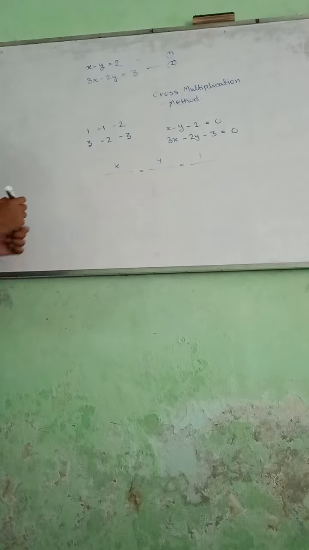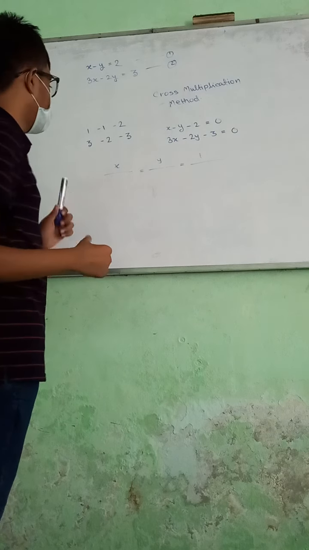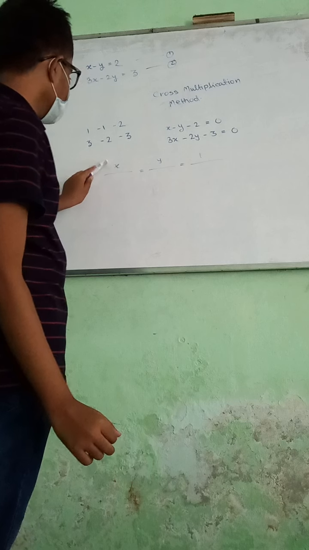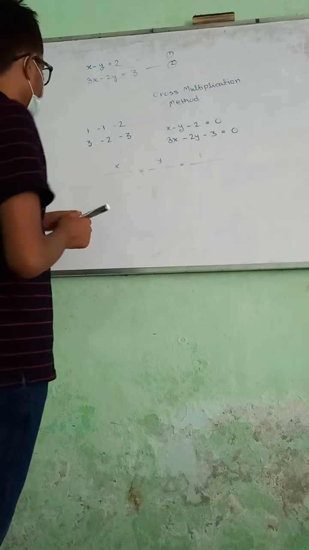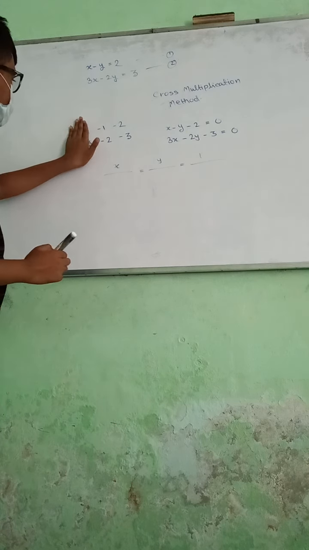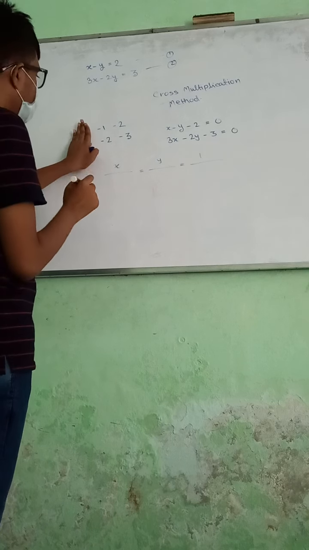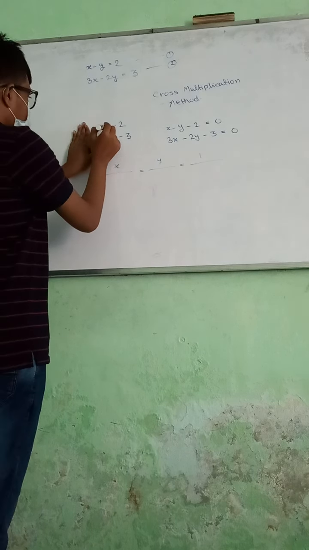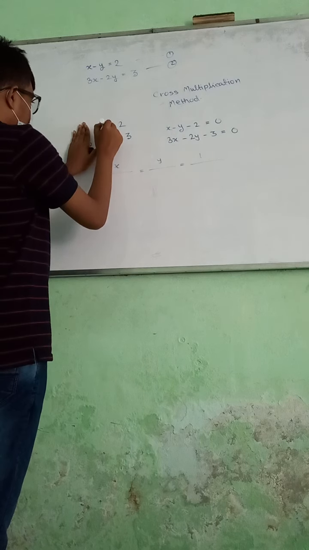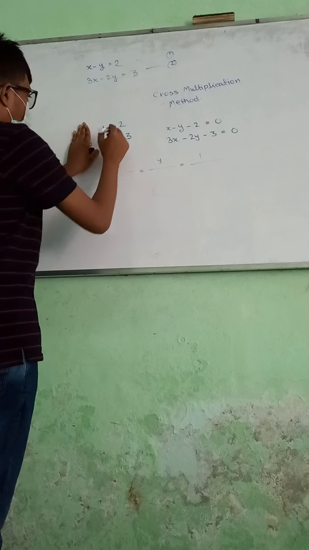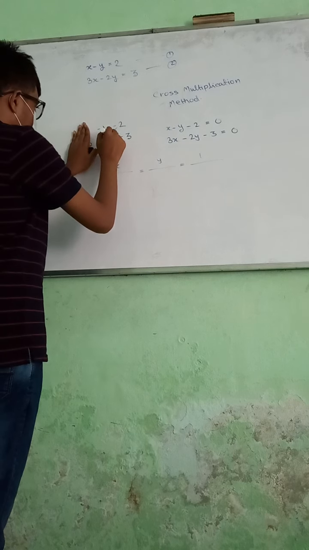So see, now we have to cross multiply. When we do the x portion, we have to cover up the x portion completely. So I cover up the x portion and multiply from left to right. But for the next time, I will multiply from right to left.